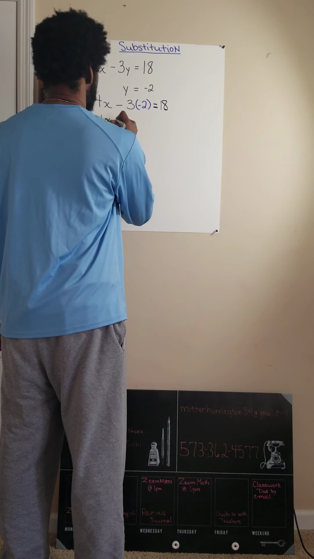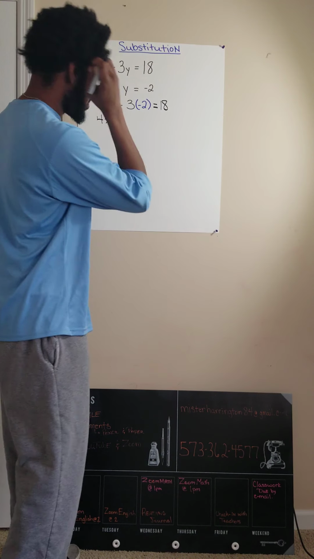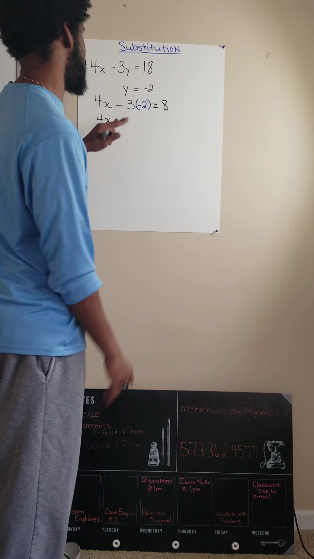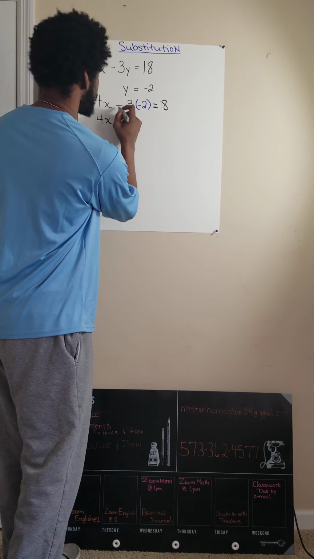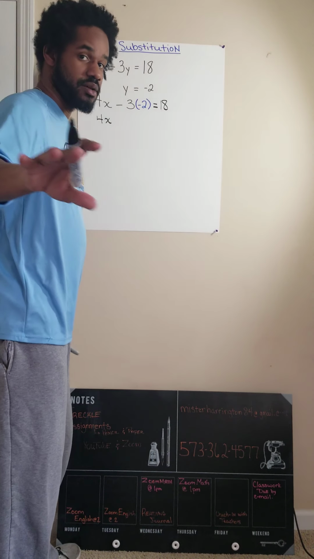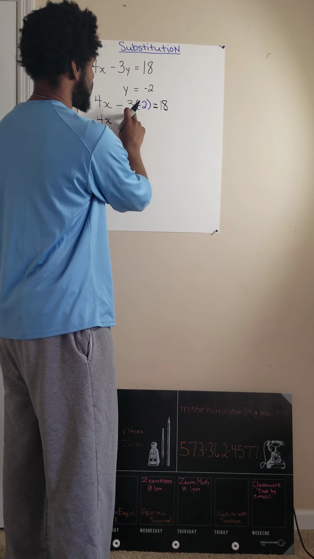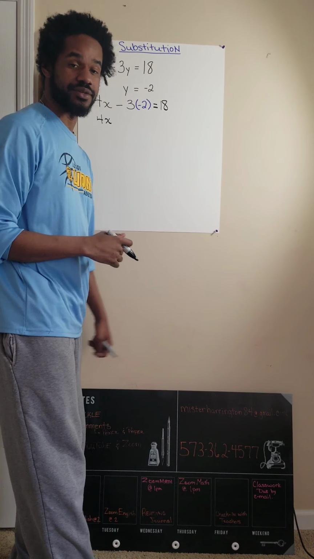4x. So now, when you multiply these, one of the things that I notice a lot is we don't use that minus sign, but it's in front of the number. So it is -3 times -2.